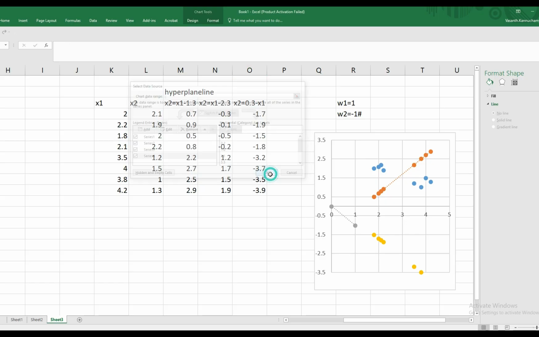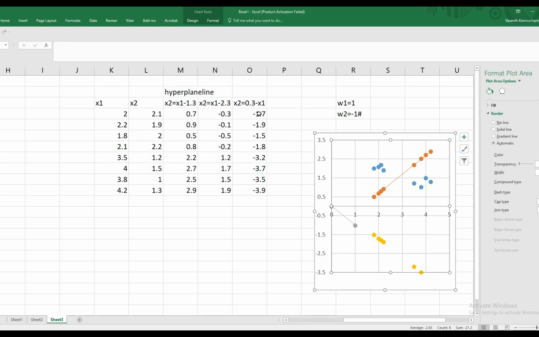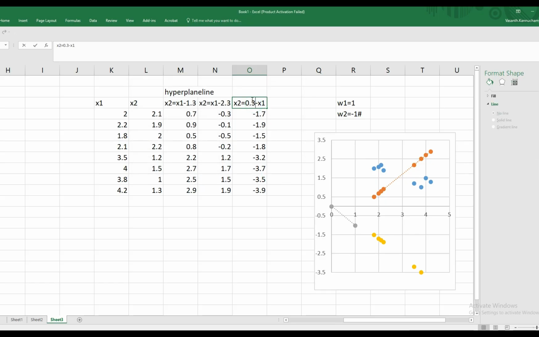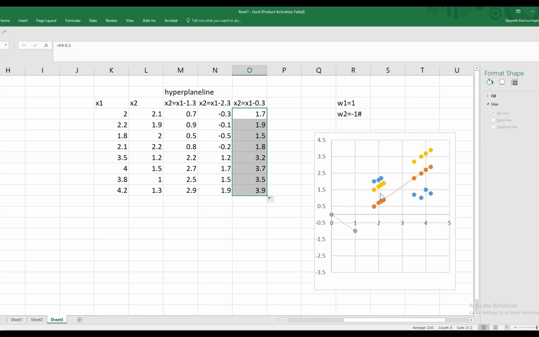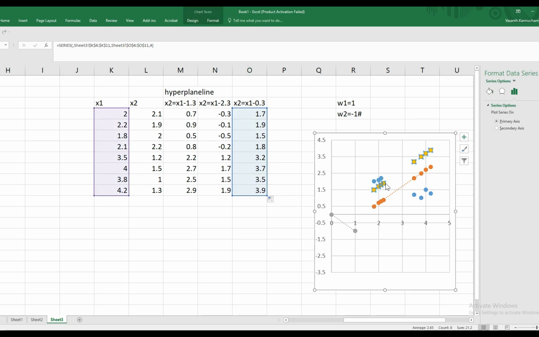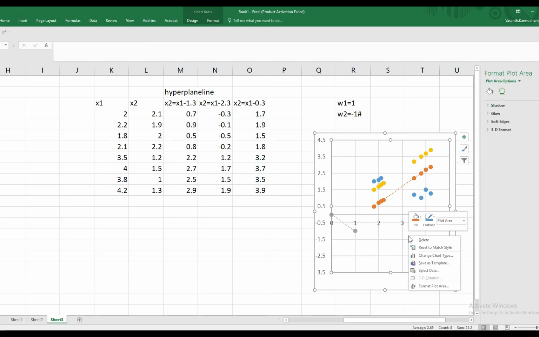Something is definitely not correct. Oh, sorry, this should be x1 minus 0.3. So this should be x1 minus 0.3. Yeah, so that's the second support vector. What is the other one?